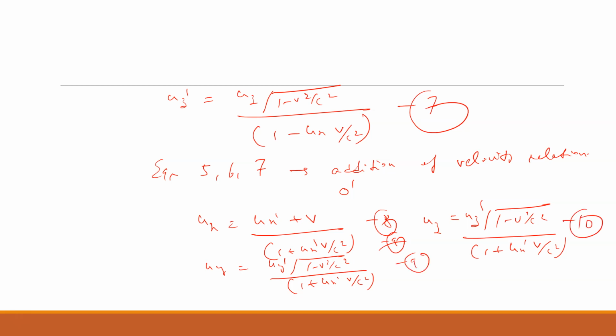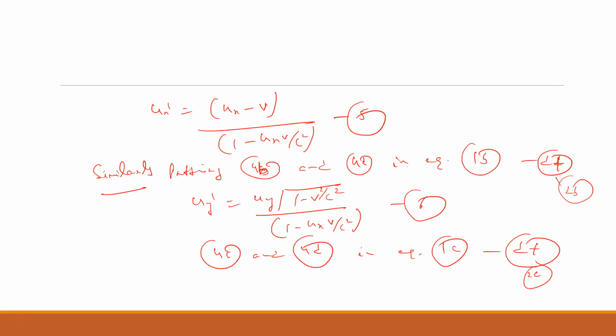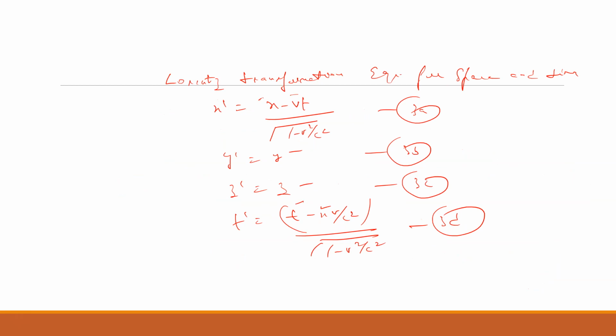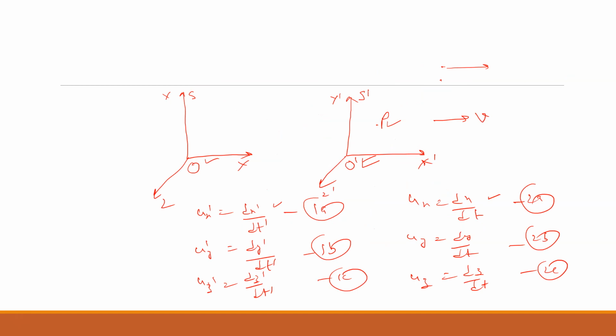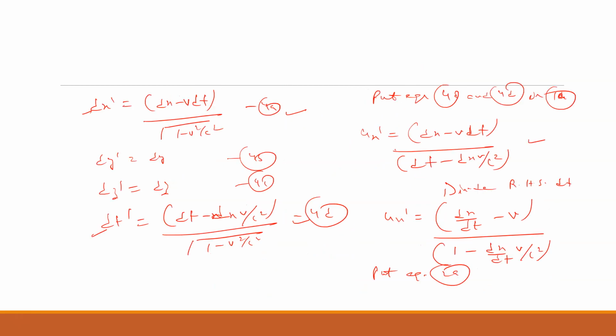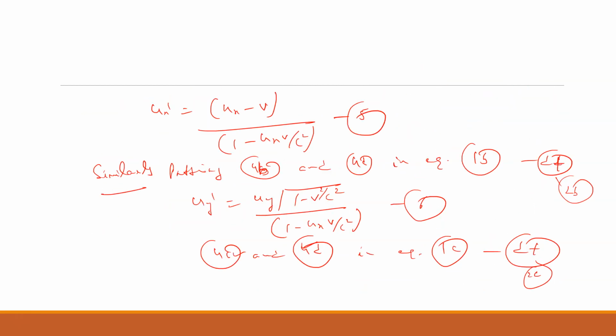9 and 10. Now for the previous relations from observer O dash, you were putting 4b and 4d in equation 1b, or 4c and 4d in equation 1c. Here you will put equations 3a and 3d in equation 2a.